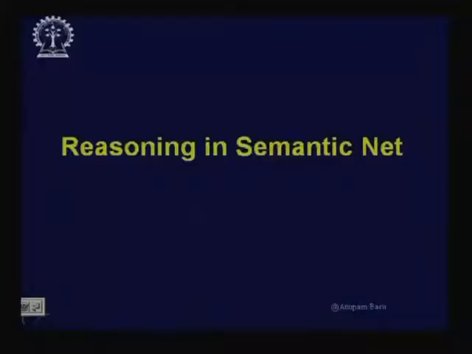In the last lecture, we discussed just the representation, its graphical structure, and gave a couple of examples. Today, we will extend that discussion and include how semantic nets can be used to reason, so that we can infer new things or answer questions. We will see how we can do that. So, today our objective is to look into reasoning in semantic net.